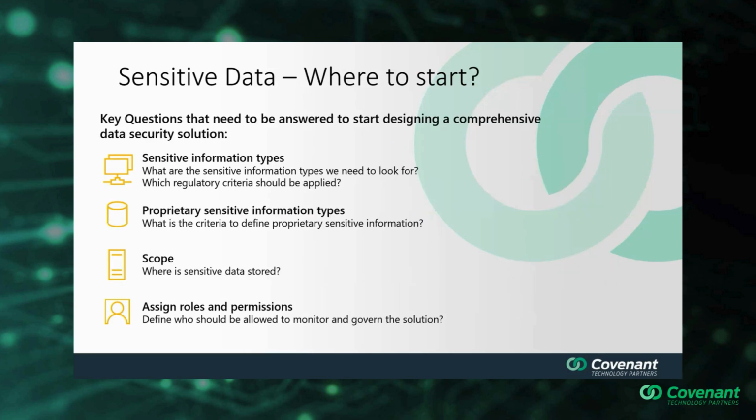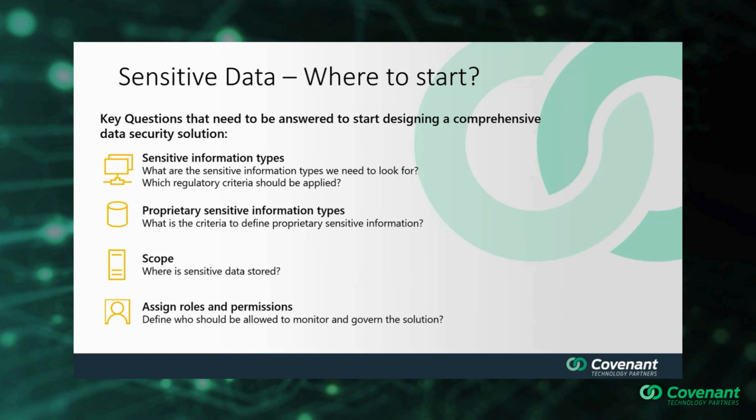We hope to answer those questions by presenting key questions that must be answered by your organization before proceeding with designing the overall solution. First is identifying what is sensitive information as it pertains to your organization. What types of that information do we need to look for?